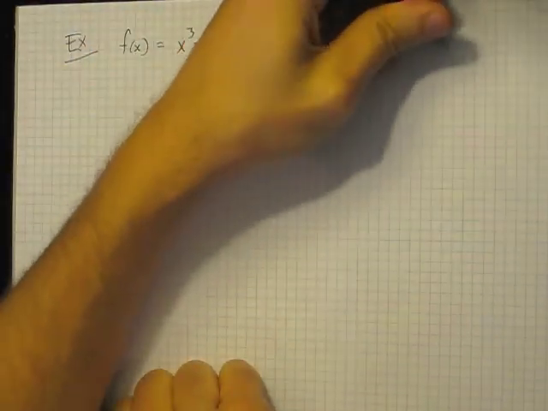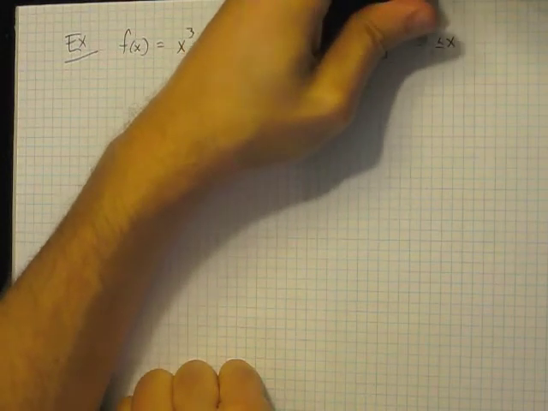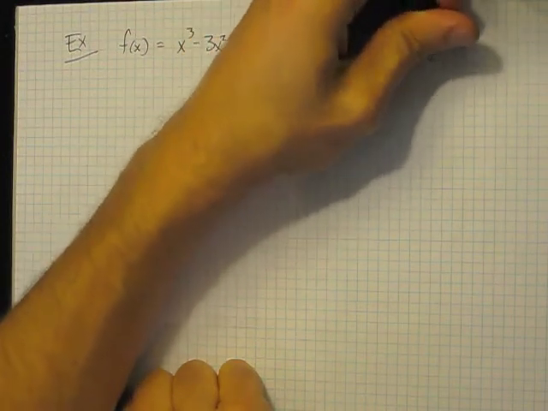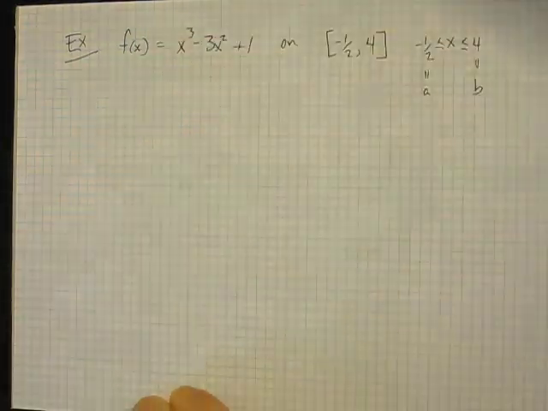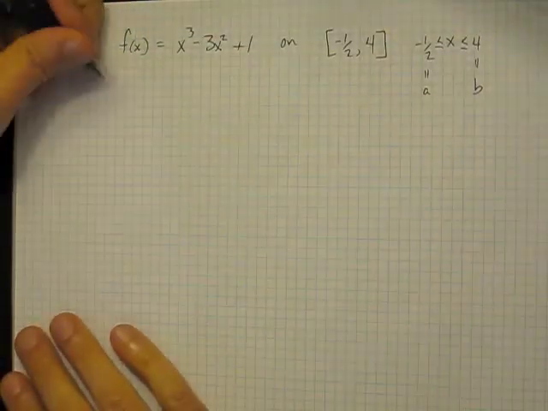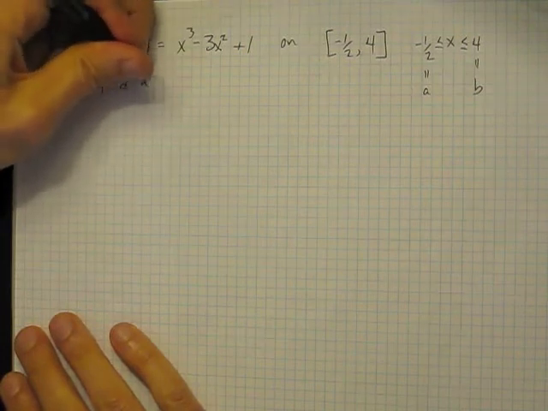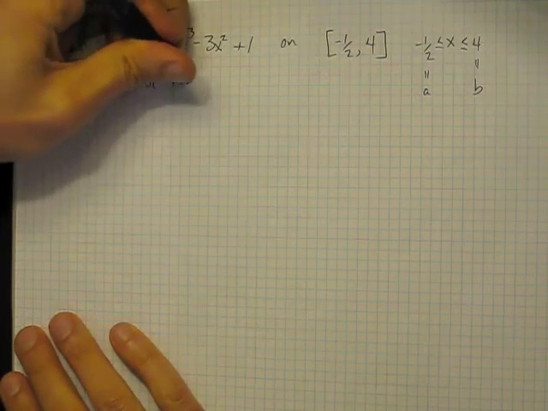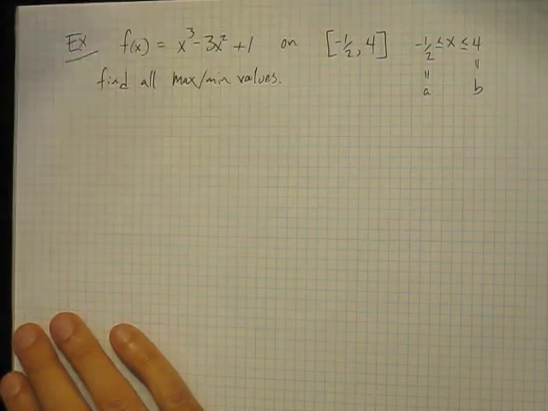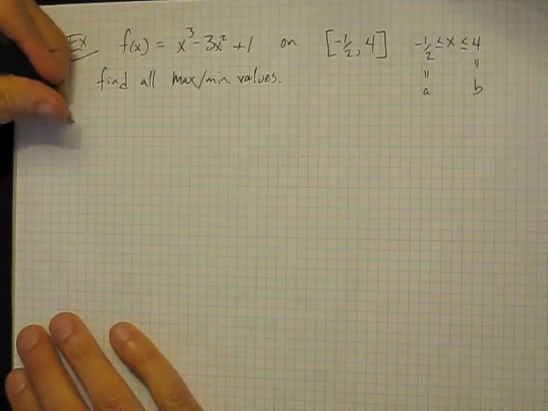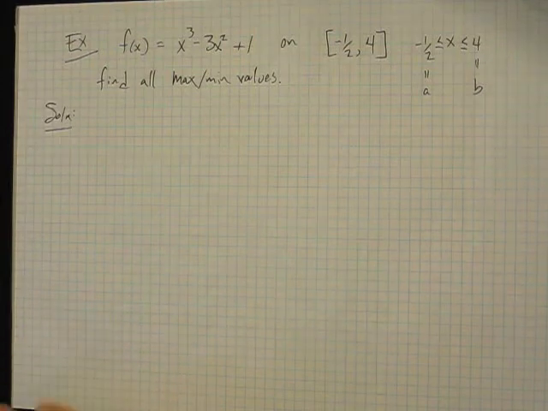So these are all the values, x bigger than or equal to minus a half and less than or equal to 4. So this is our a, and this is our b. This is the interval. Okay, find all max and min values. Okay, so let's do this using the closed interval method.